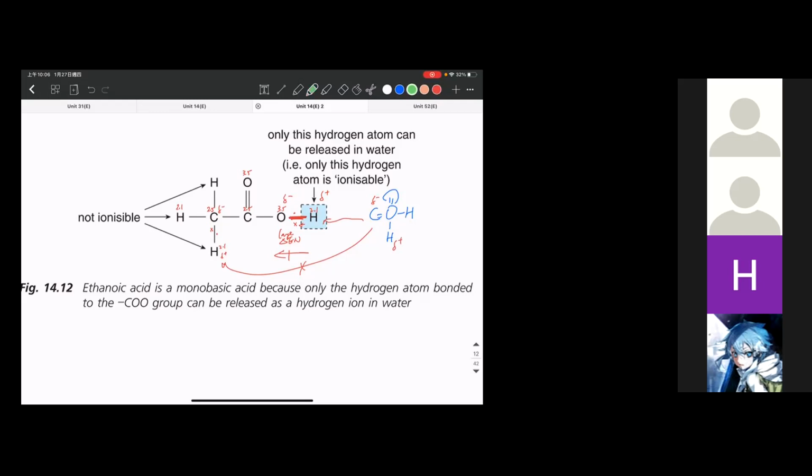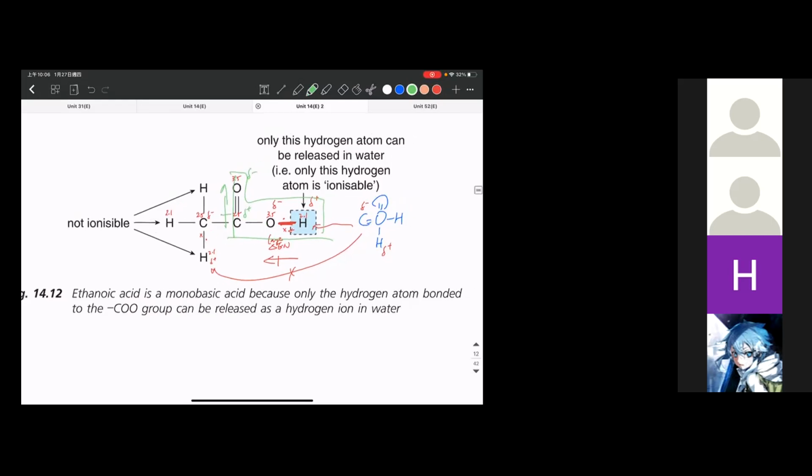Remember, the hydrogen atom is usually found in COOH, and that will happen. Can you get my point? Don't worry about this one, because it also helps trigger that pulling force. We've got one arrow and two arrows, and they work together to help trigger the ionization.